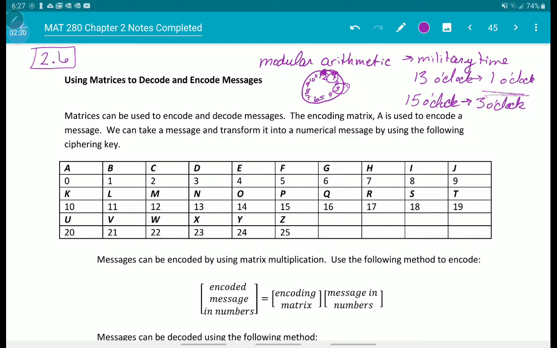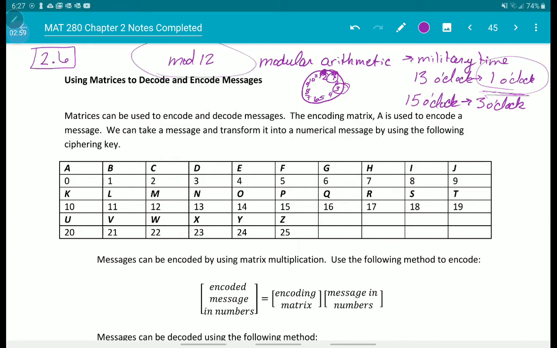Now another way to think about this is in terms of mods and division and remainders. This is actually the remainder if we were to divide by 12. We would call clock arithmetic mod 12 because time is based on the 12-hour interval, and then we start over again with 1 o'clock, 2 o'clock, 3 o'clock. Once we get to 12, we start over at 1, 2, 3, and so on.